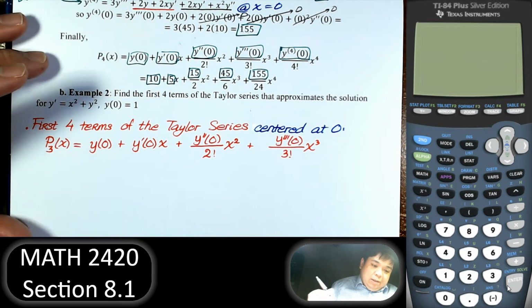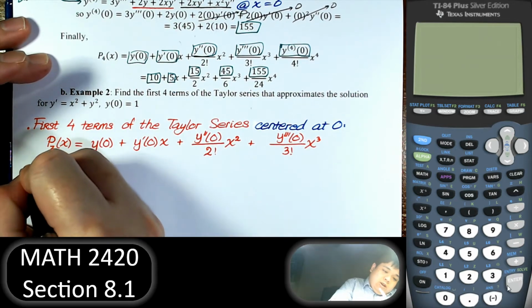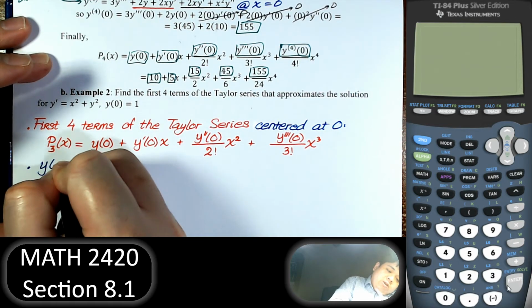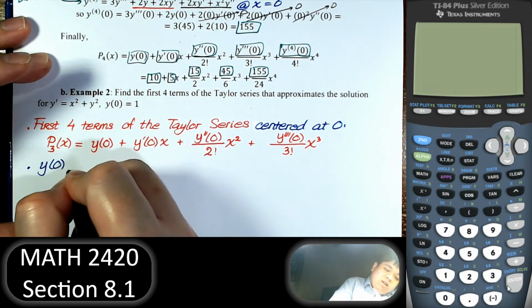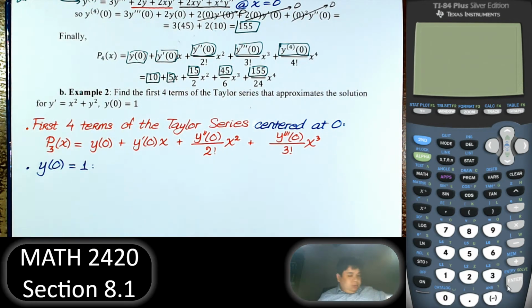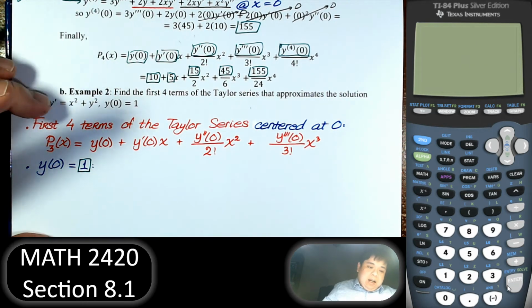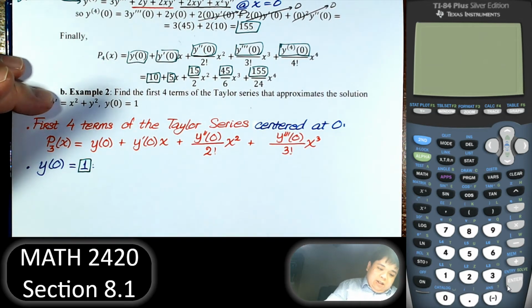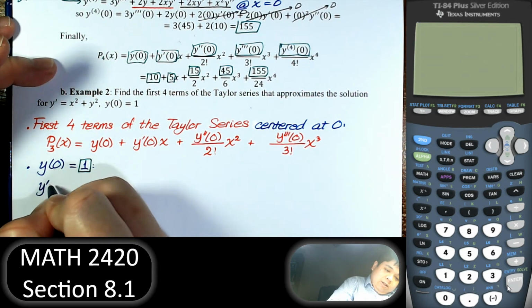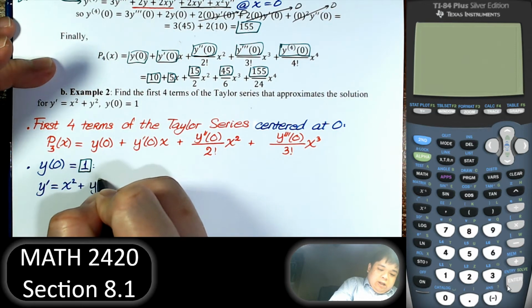Next, what do we need? We have y at 0 is equal to 1. Okay, that's what's given. Next, we have the derivative equal to x squared plus y squared.